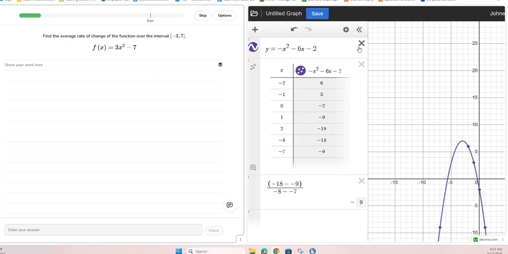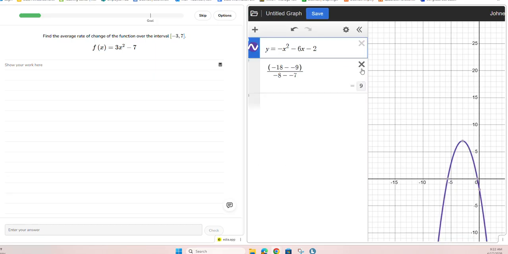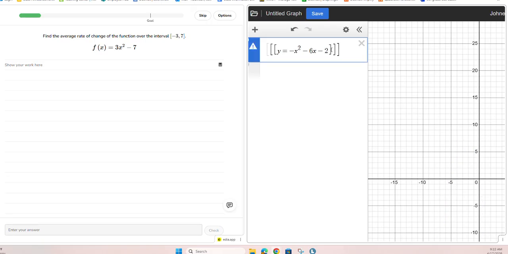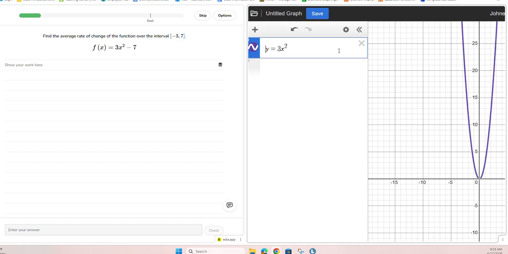Another quadratic. So I'll delete this. I'll delete that. I'm going to type in 3x squared minus 7.